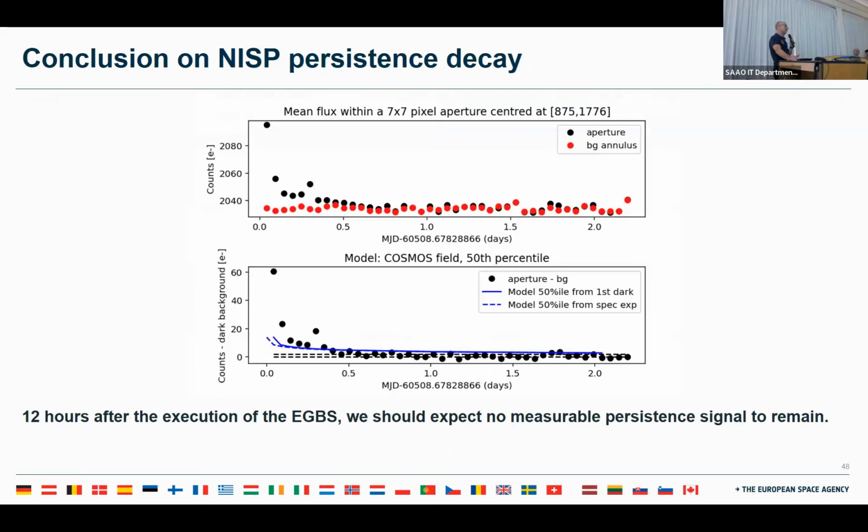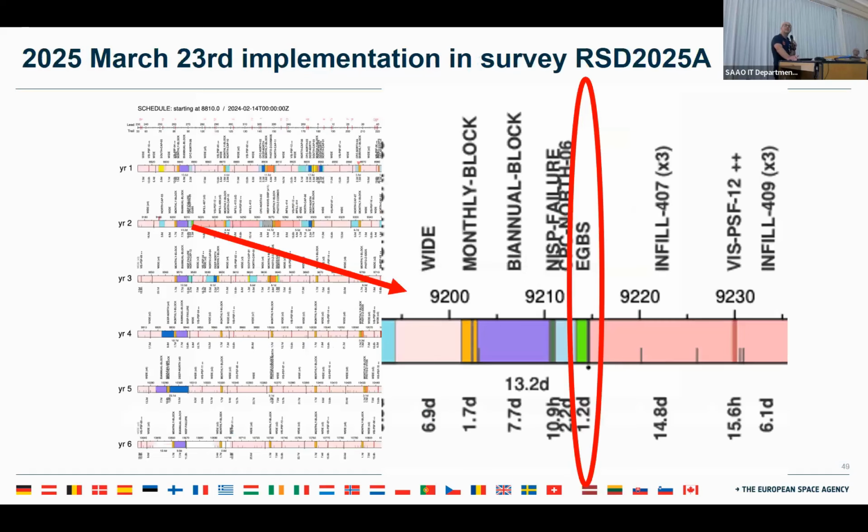After half a day, it drops back to the nominal 2-electron level, which is much quicker than the predicted persistence. The reason is probably that the nominal persistence model is made for flat illumination, while we are using a point source. And this is actually very important for the NISP team to follow up later.